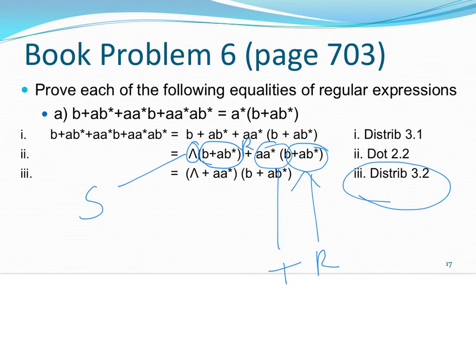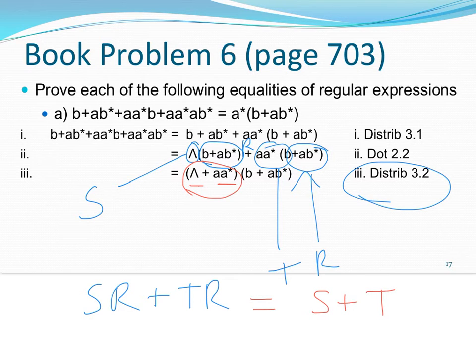Then what we've done is we've gone from SR plus TR up at the top, and we've changed that down here into, what do we got? We got S plus T, right? All times R, right? Because there's our R. And that is indeed distributive property 3.2.